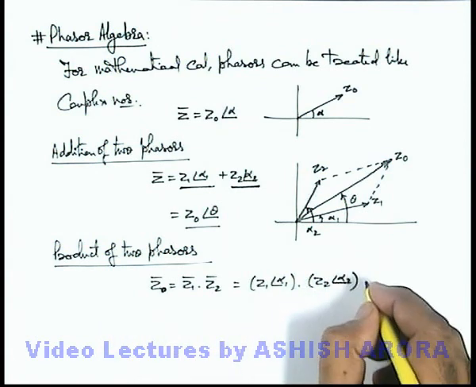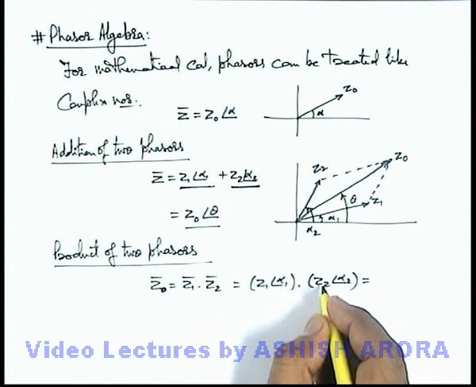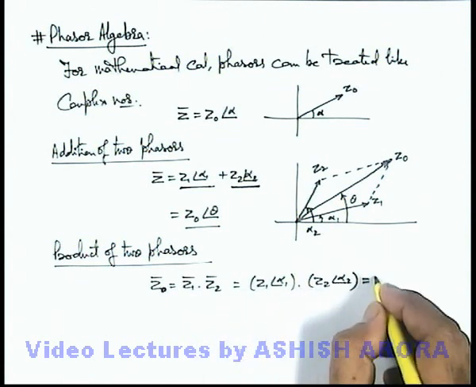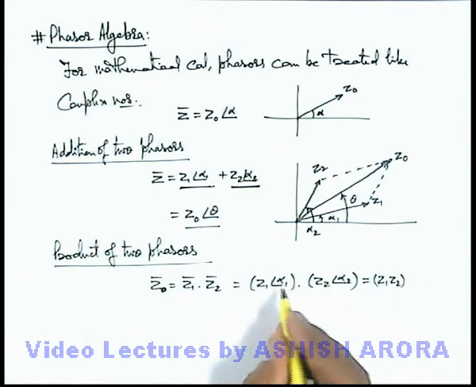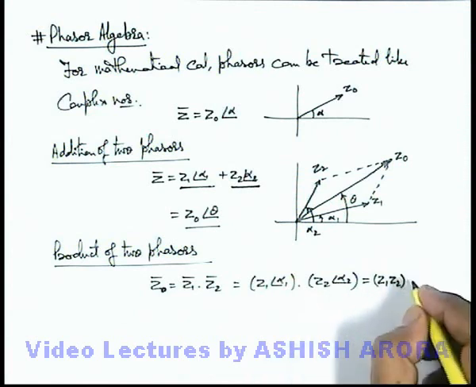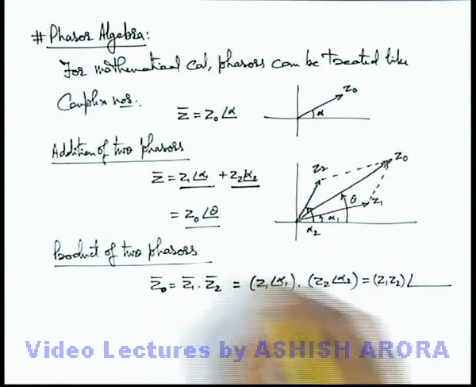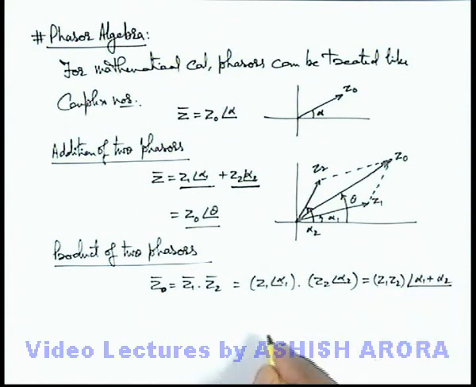Then this can be simply multiplied as you have studied in complex numbers: magnitudes are directly multiplied. So this will be z1 z2, and when two complex numbers are multiplied, their arguments are added. So the argument of the resultant vector of the product will be alpha 1 plus alpha 2.